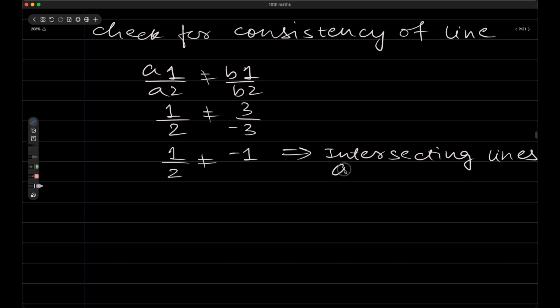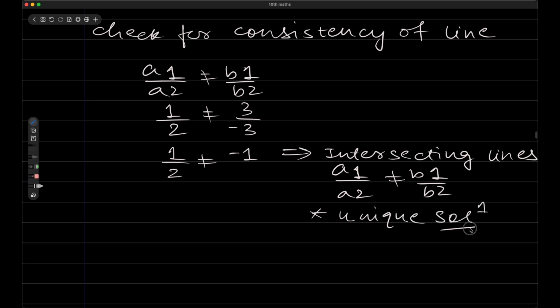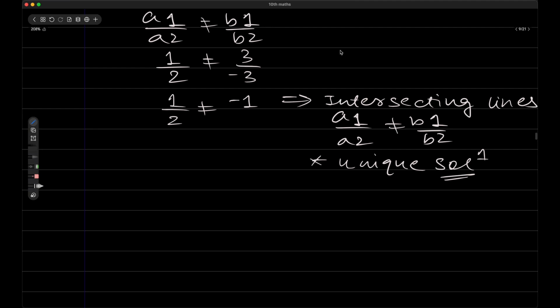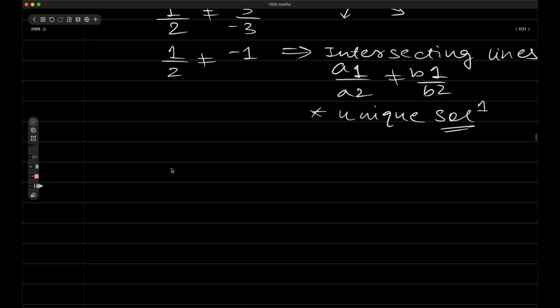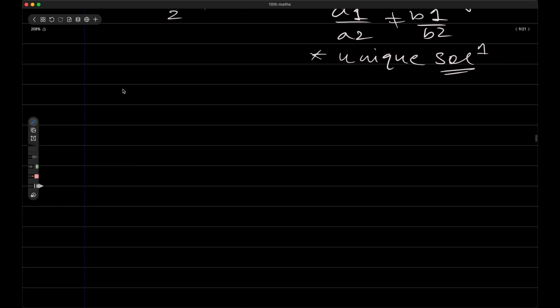That is, a1 upon a2 not equal to b1 upon b2, and intersecting lines have a unique solution because intersecting lines intersect at exactly one point. To plot the lines on the graph, we have to find at least 2 points for each line.